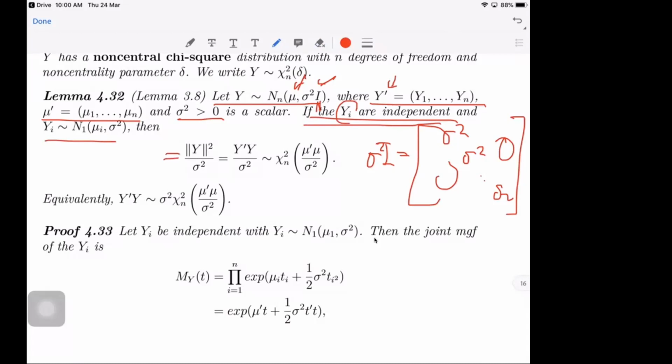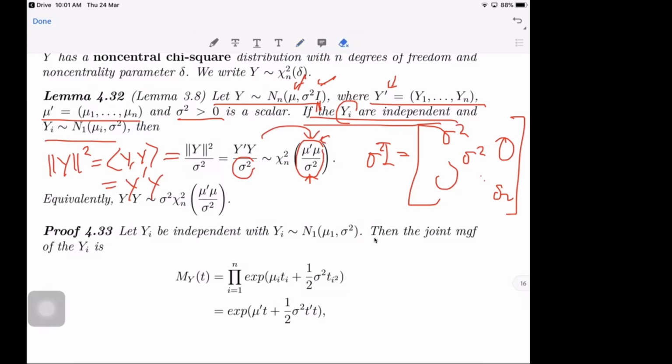If you recall, the squared norm of y is the inner product of y and y, which is y prime y. So the squared norm of y over sigma, or y prime y over sigma squared, is chi-square distributed, and the non-centrality parameter is mu prime mu over sigma squared.